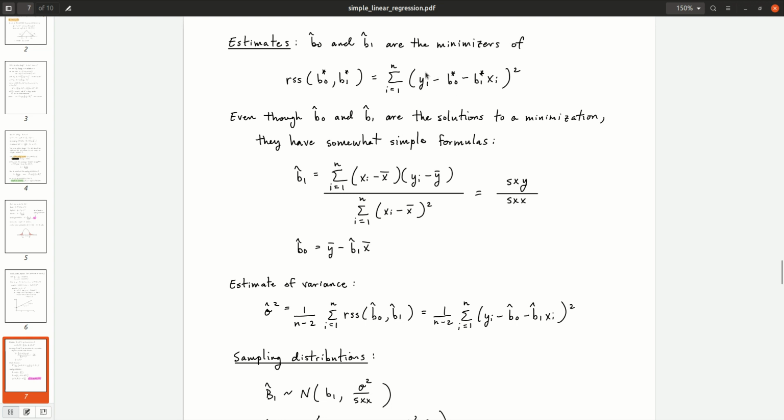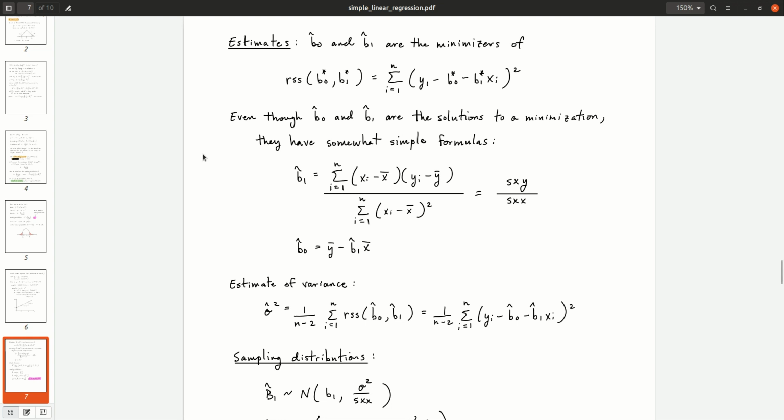So this is just yi minus its expected value with candidates plugged in for the parameters. And then the idea here is we're just going to try a bunch of values for b0 star and b1 star, which means trying a bunch of different lines that go through the data, and picking the one that minimizes this sum of squares criterion.